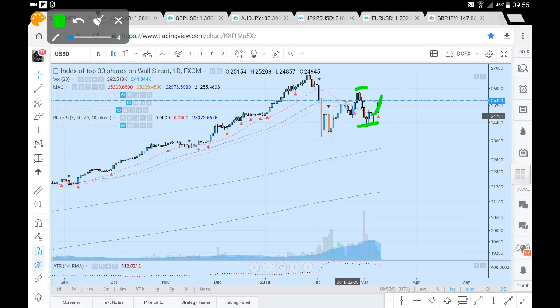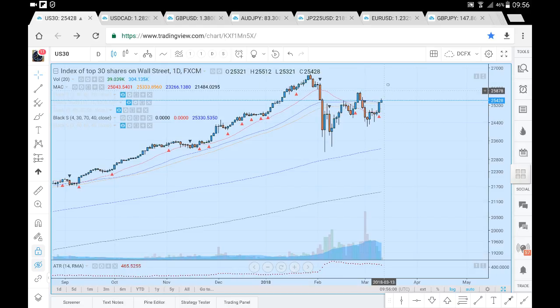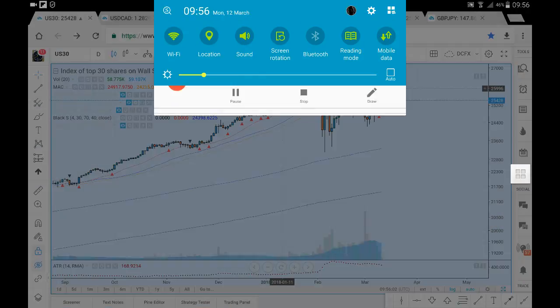So we do seem poised to retest these old highs here, especially if we do have this bullish buy side continuation to the upside. So we do look bullish here on the daily.